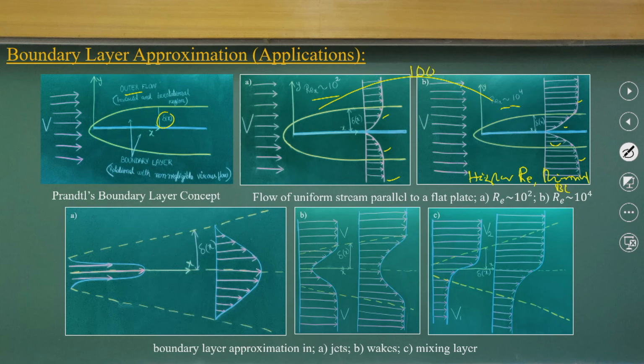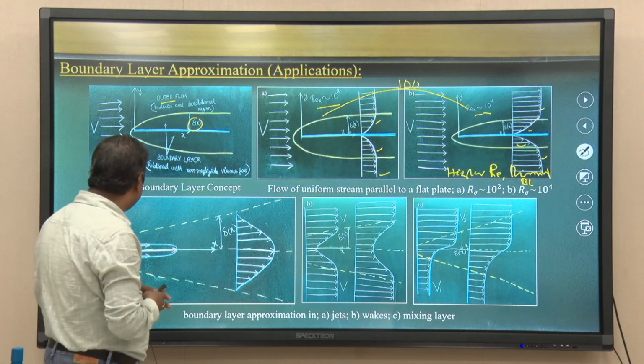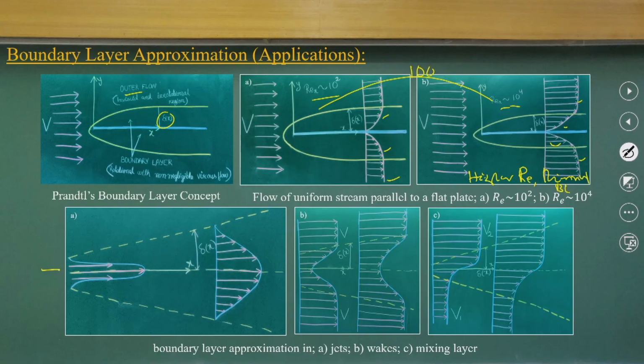As I said, boundary layer formation happens in many places. For example, you have a jet, maybe a smoke jet or a chemical jet you are injecting. Just like two tanks, there is a water jet, and another fluid.